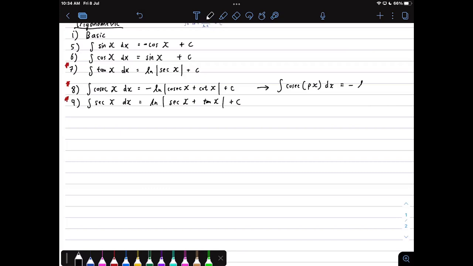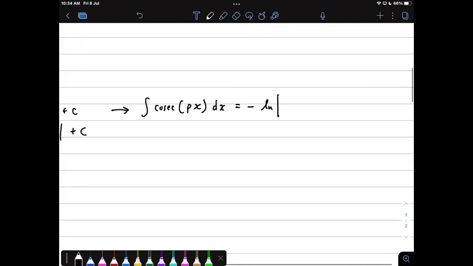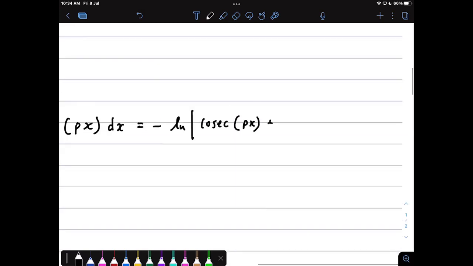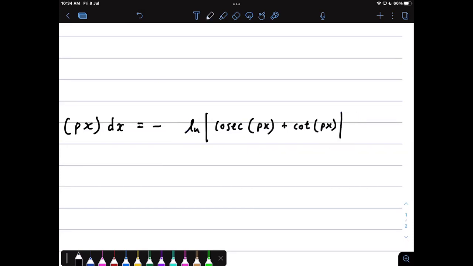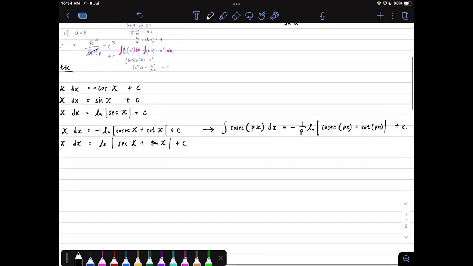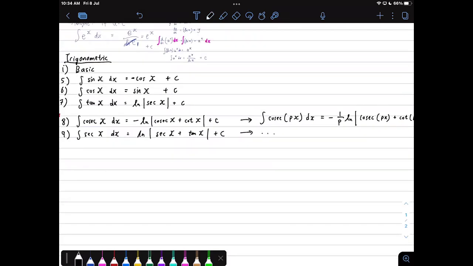Times 1 over p, so it's divide by p. Correct. Then you multiply by the 1 over p, divide by p. So I'm not going to write the rest. You can do it yourself. The version where there's a p instead, just 1 over p, and everywhere there was x, replace with px. Okay, that was 9 star.